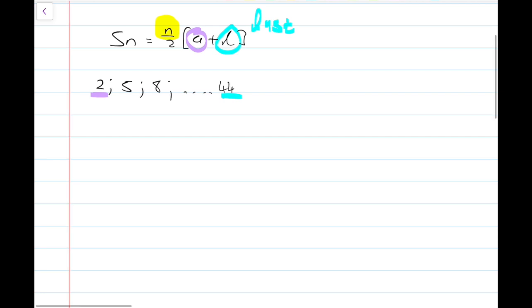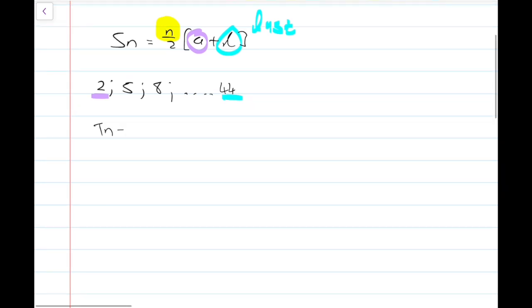So remember, this is a linear or arithmetic sequence. We're going to say Tn is equal to a plus d into n minus 1. If you have any other formulas for arithmetic, you're welcome to use it for a normal arithmetic sequence, but that's the one that I always use. So your a value is going to give you 2. Your difference is you're continuously adding 3 into n minus 1.